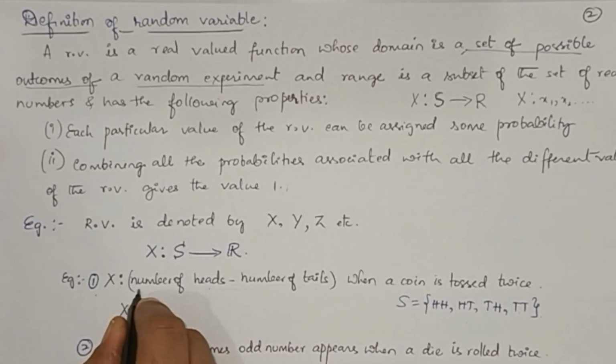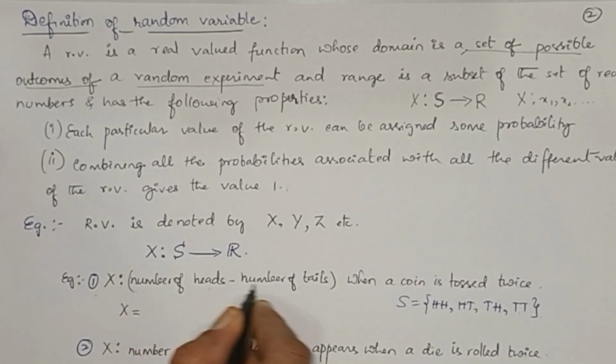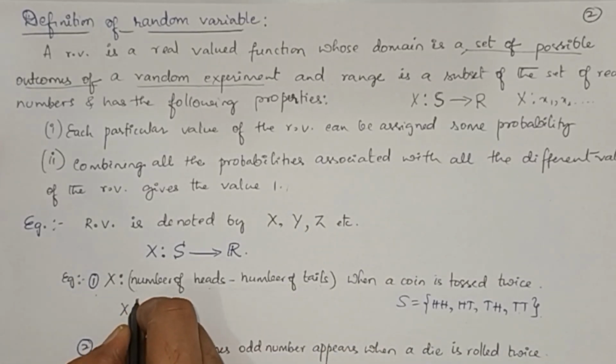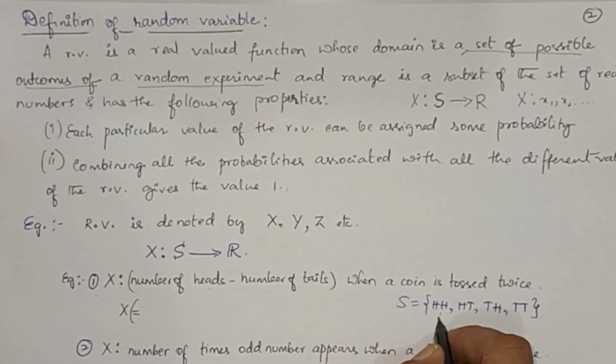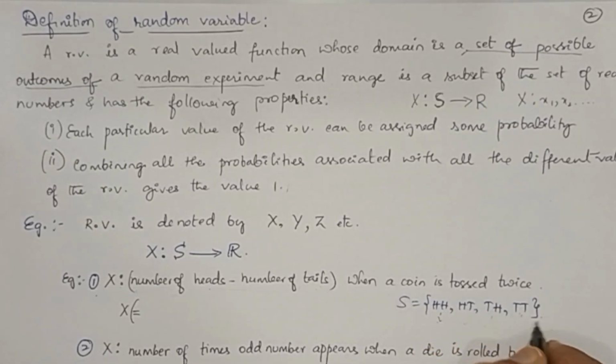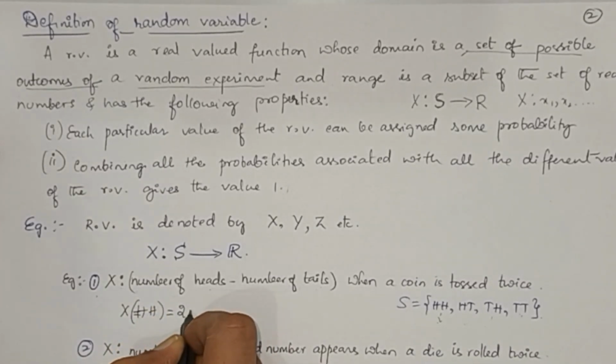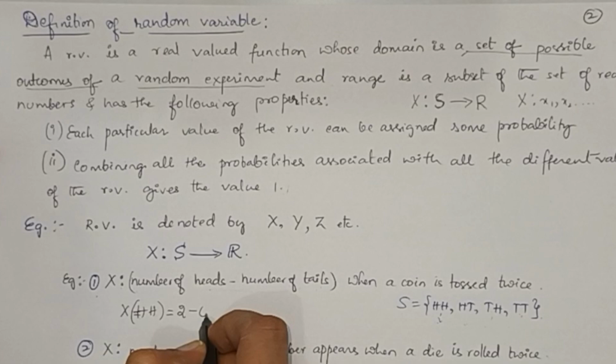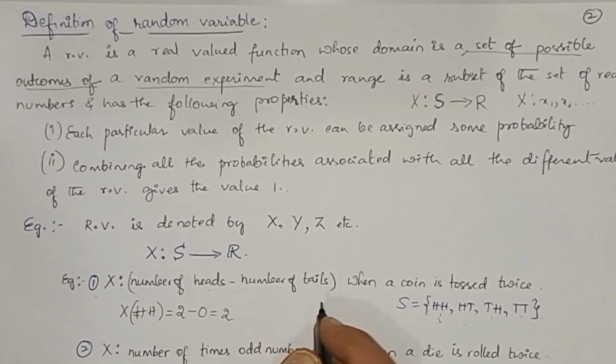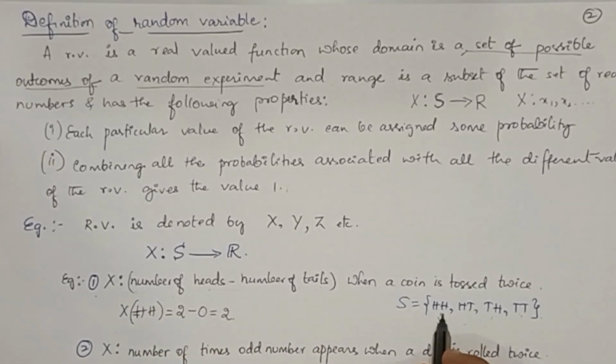See, now X is defined as the number of heads minus the number of tails. So I have to find the number associated with each outcome. So X of HH is equal to the number of heads, how many heads here? 2, minus the number of tails. There are no tails, 0. So 2. The number associated with this outcome is 2.